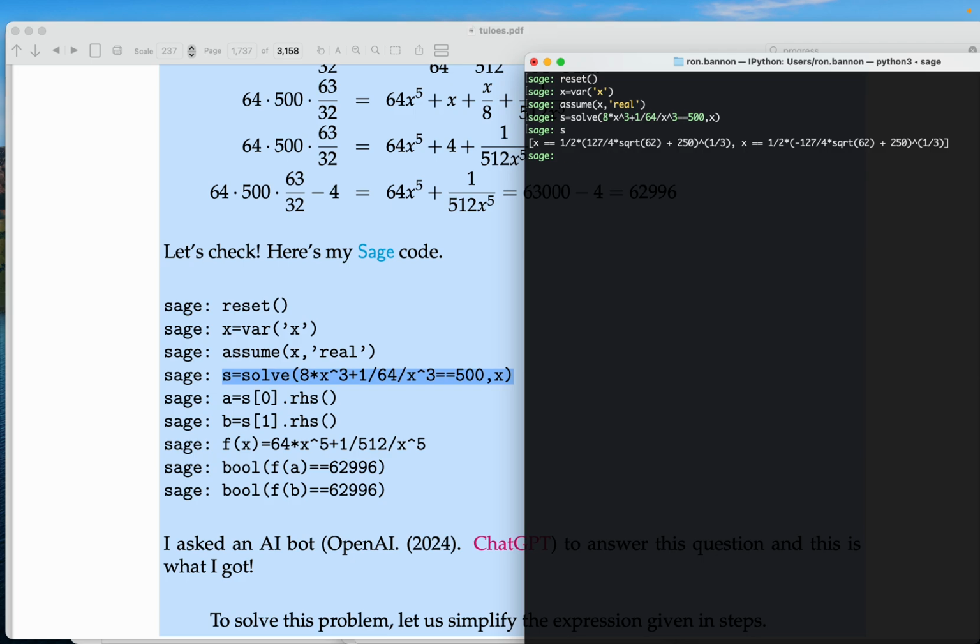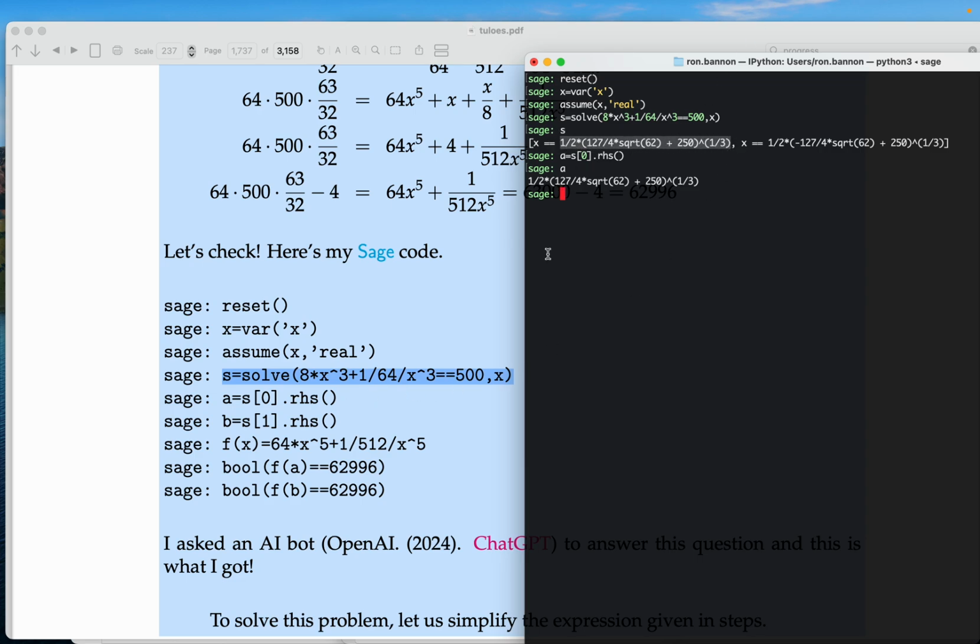And I want to claim that a is equal to, and what is it equal to? It's equal to the first value I want. Now the first value is from the s, and they start counting from 0, so it's going to be 0. But I don't want x equals. I want the right-hand side. So I'll type in right-hand side now. So if I display a, it's going to display the right-hand side here.